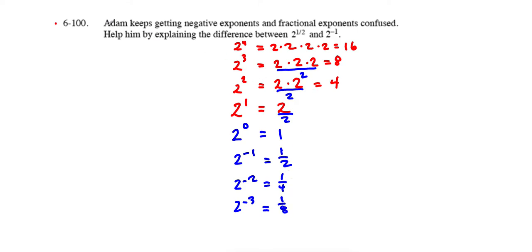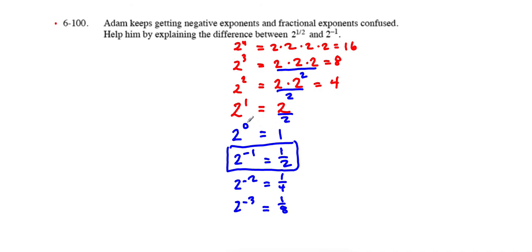Now the issue Adam is having is he can't remember what the difference is between 2 to the 1/2 power and 2 to the negative first. Well, right here we have 2 to the negative first power, and 2 to the negative first power is equal to 1/2.